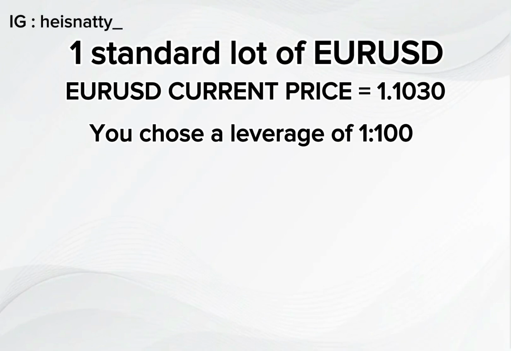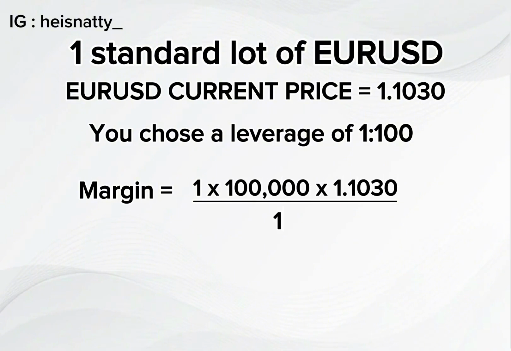So what you have to do is say margin is equal to 1 times 100,000. That 1 times 100,000 is the lot size you are using. You know one lot size is equal to 100,000, right?